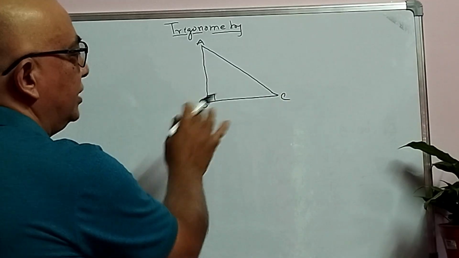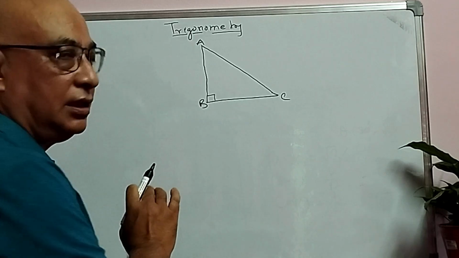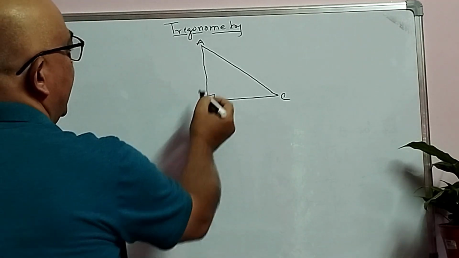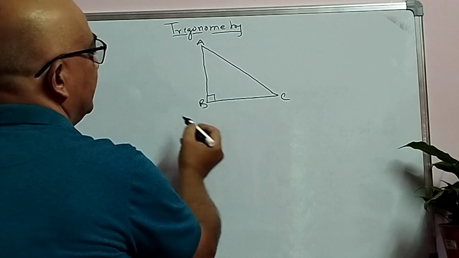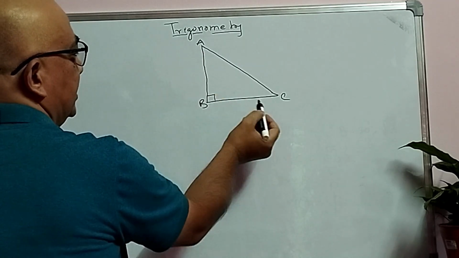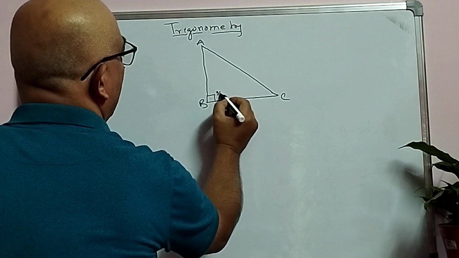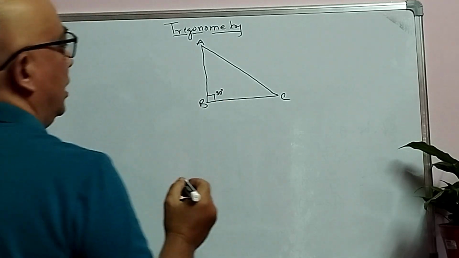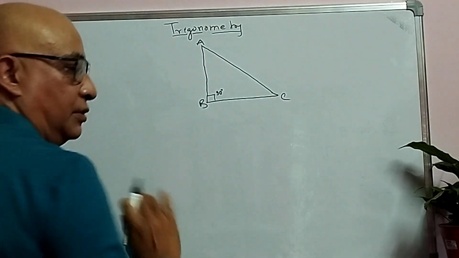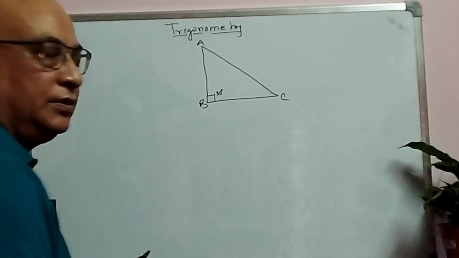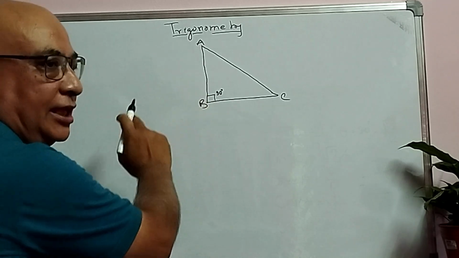Here we have parts of a triangle. They are AB, BC, and AC. Angle ABC is a right angle, which is 90 degrees. And there are other angles, whichever they may be, but one angle is a right angle.